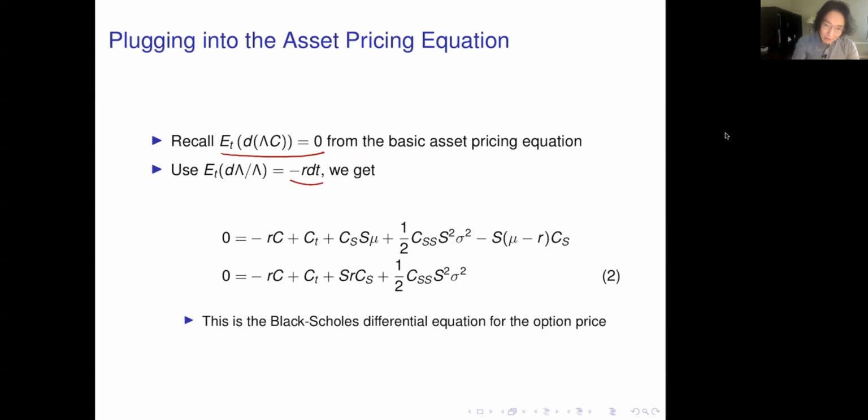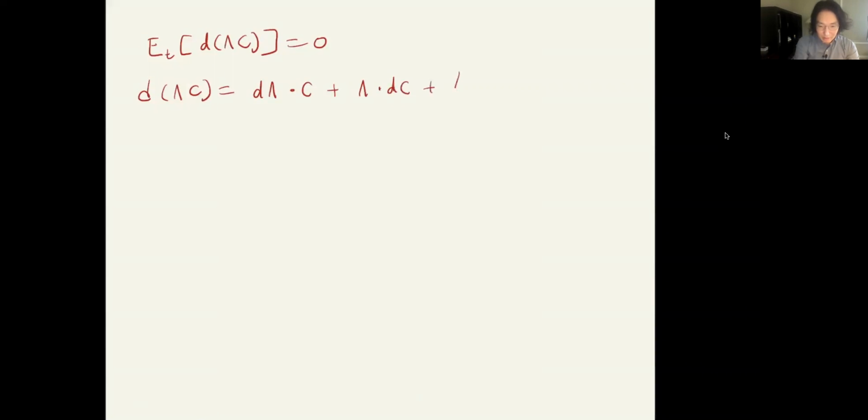We know that this should be 0. So we will use Ito's formula here: d lambda times c plus lambda times dc plus d lambda dc.